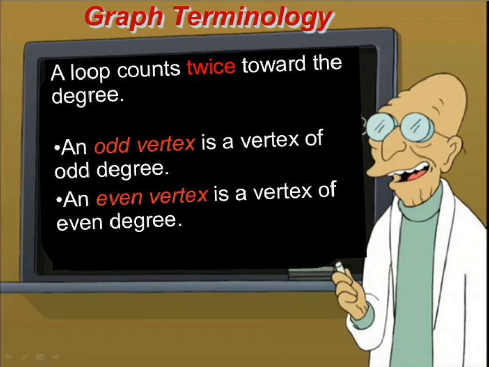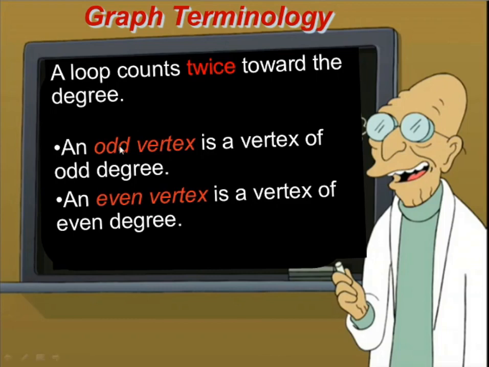Again, the loop. What do you mean by loop? I told you in the previous slide what I mean by loop. An edge starting and ending with the same vertex is called a loop, right? A loop counts twice towards the degree. So the loop has the degree 2, and the vertex which has a loop has the degree 2.